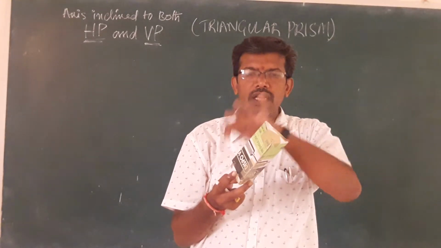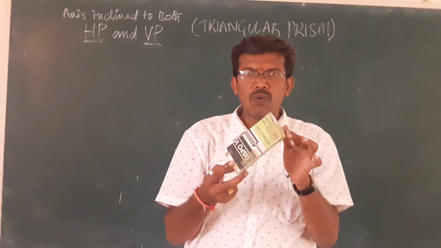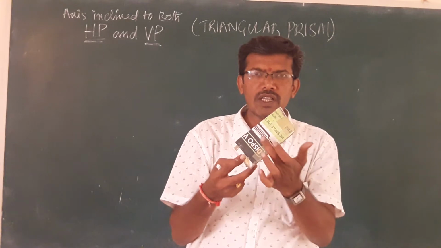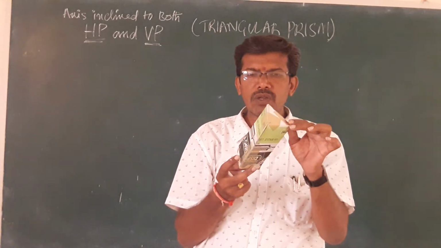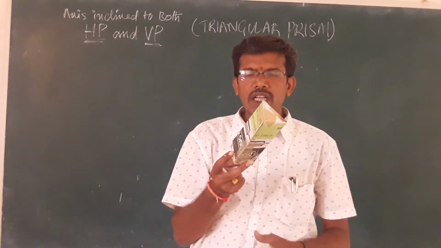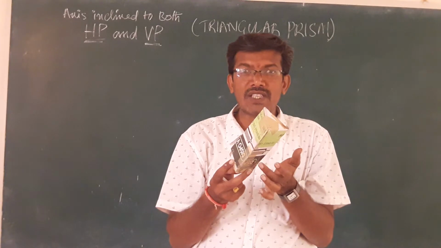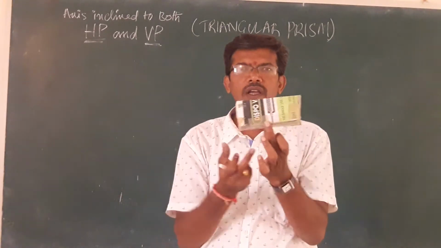When I put it like this, can you see this one? No, I think it is not possible. Only this face and this surface are visible. If I make it inclined with the vertical plane, then this top surface is visible as well as this face, because the triangular prism has three faces, 1, 2 and 3.